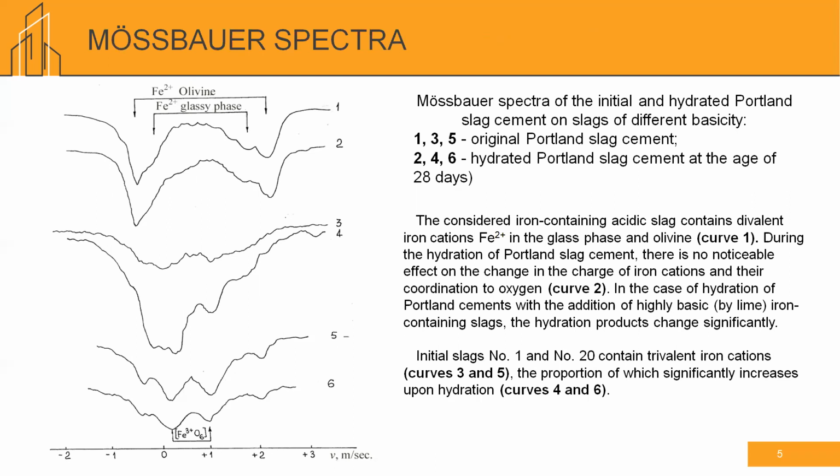In the case of hydration of Portland cement with the addition of highly basic iron-containing slags, the hydration product changed significantly. In the process of hydration of slag Portland cement, the effect of oxidation of iron ions increases, which may indicate the formation of a significant amount of ferric hydroxide, ferrihydrate, which is the cause of clogging of pores of the cement stone.